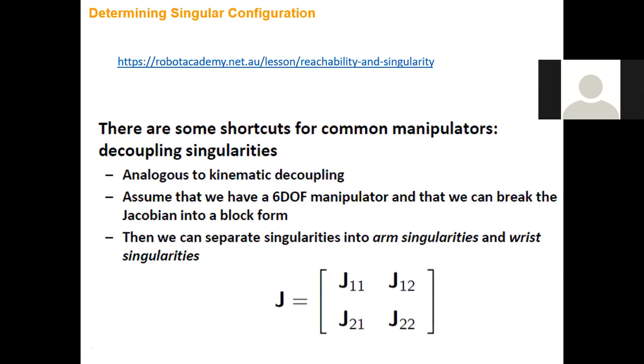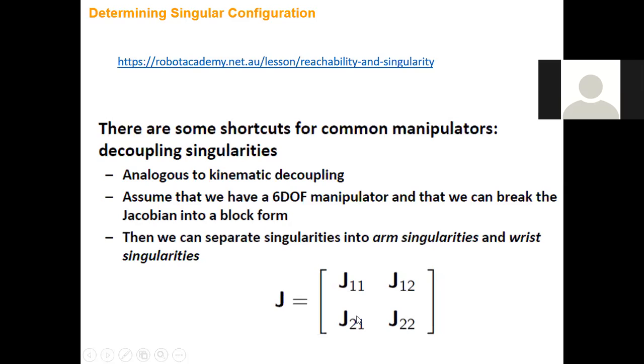Right. Now what I'm doing here is I have the Jacobian, which is 2 by 2. This J11 is 3 by 3, and this J12 is 3 by 3. In total, we have 6 by 6. Similarly, J21 is 3 by 3 and J22 is 3 by 3.